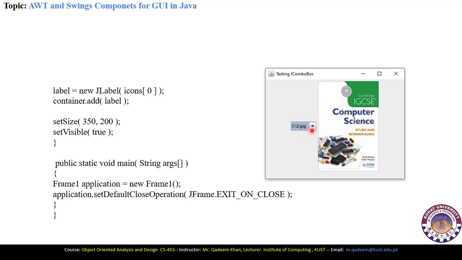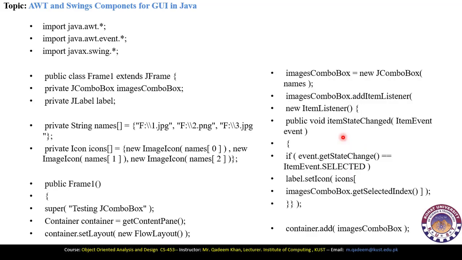So this JComboBox will enable you to select one of the multiple options, and when that particular option is selected, then the computer will fetch that particular image and display it on the screen. This is the code of this example.